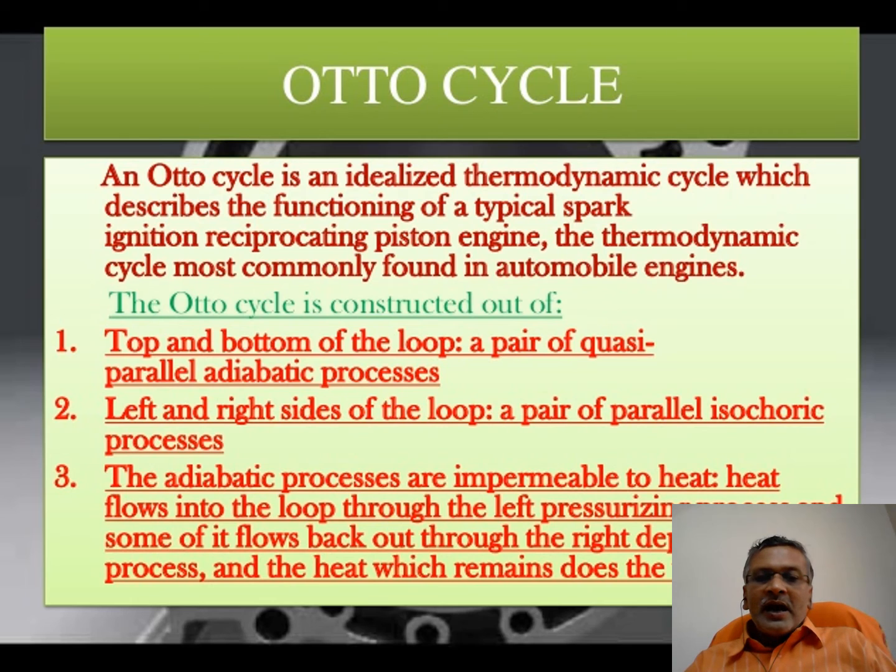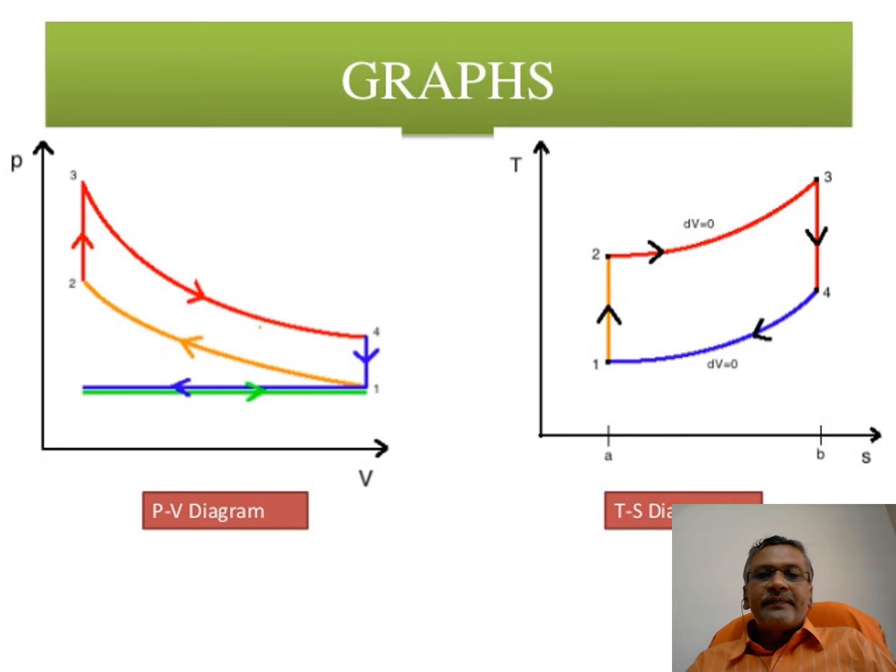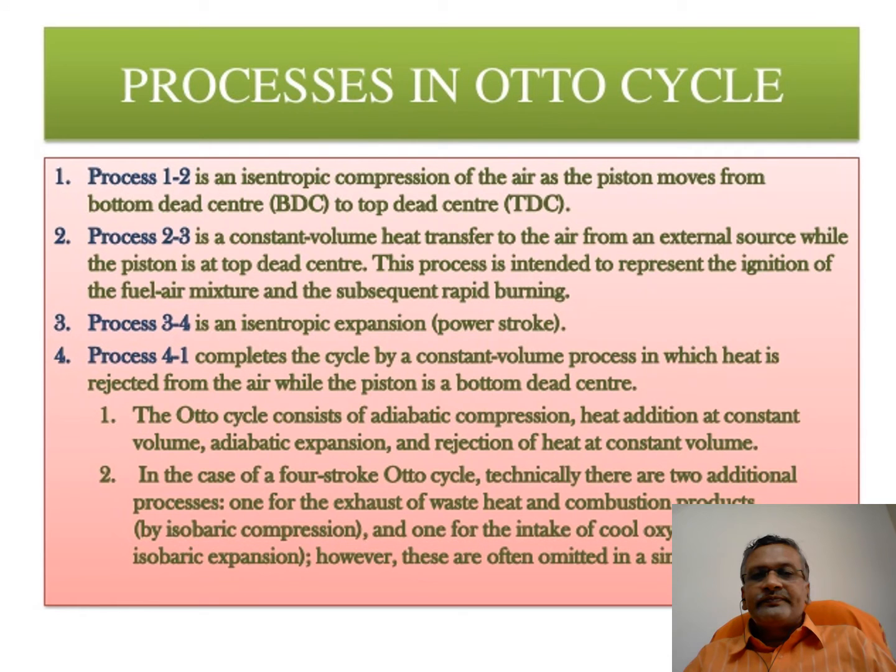The adiabatic processes are impermeable to heat. Heat flows into the system through the left pressurizing point, some of it flows back out through the right rejection process, and the heat which remains does work itself. Its explanation can be put in a PV diagram and also in a TS diagram.